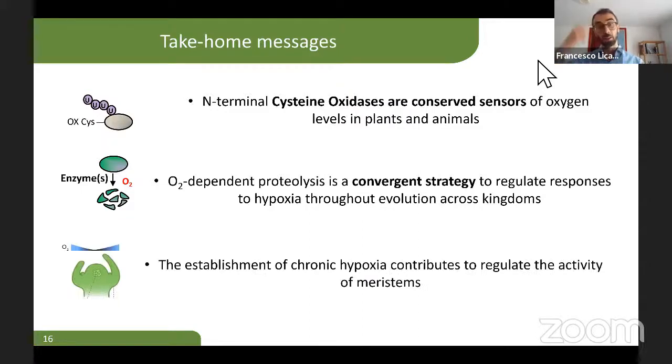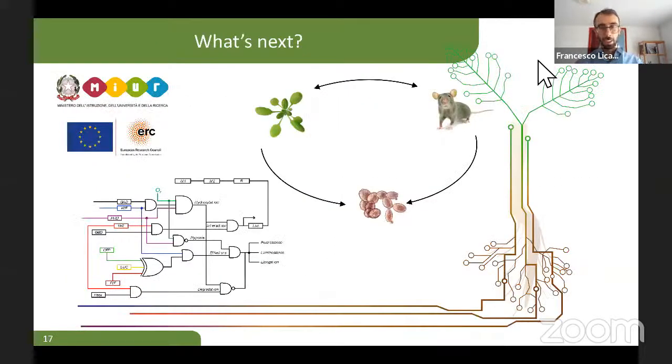And finally, that in plant tissues, chronic hypoxia can be established as part of developmental programs, and this informs the cells about their fate and their activity. So what comes next then?